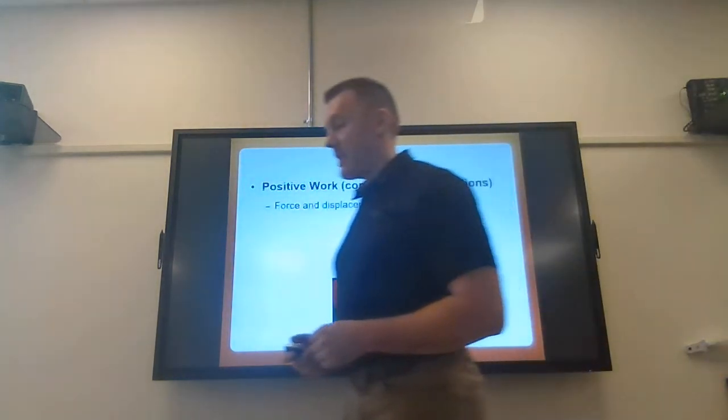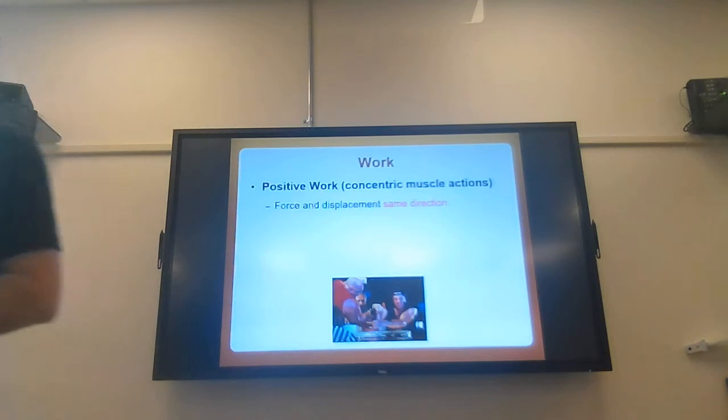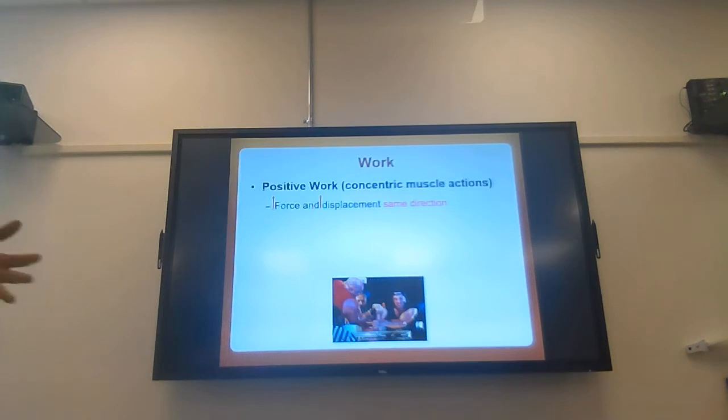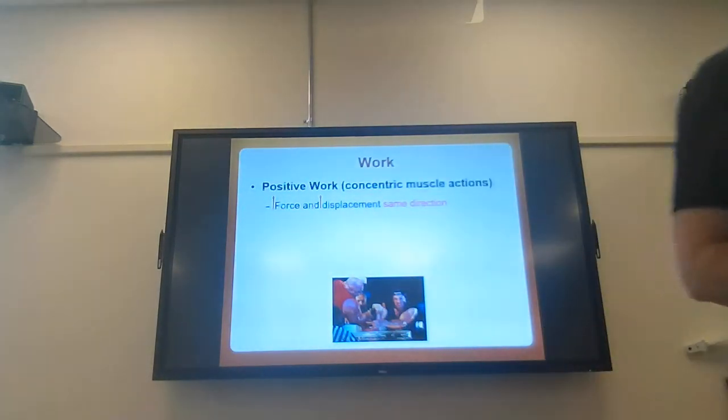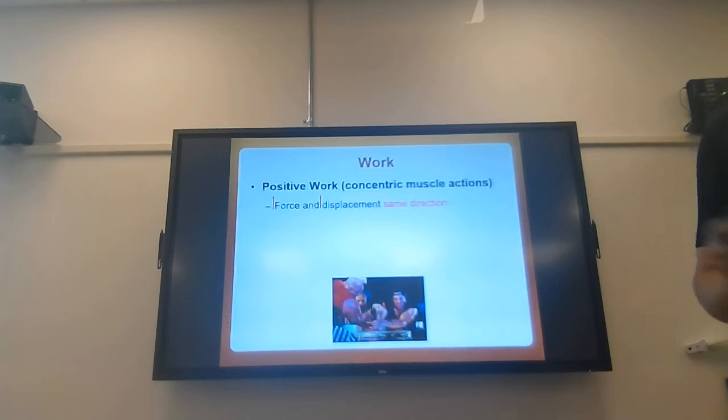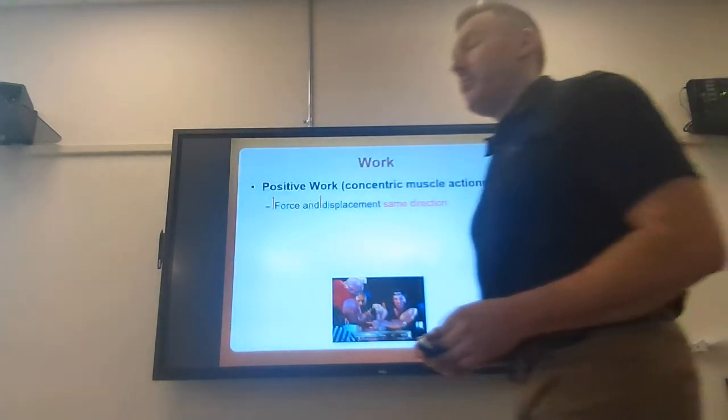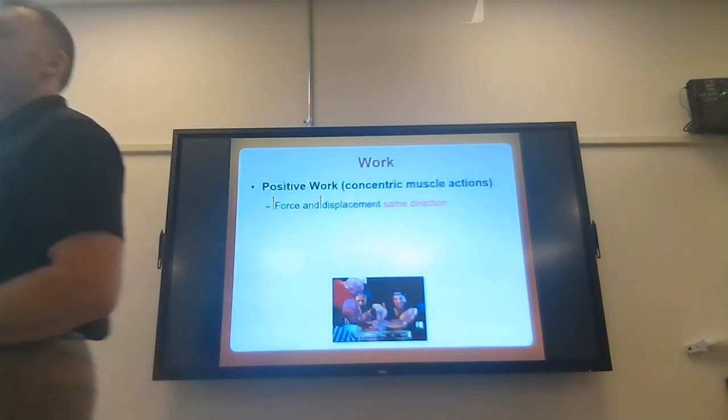Okay, work can be positive or negative. So positive work is equal to force times displacement, and force and displacement are acting in the same direction. So concentric muscle actions are a good way to think about positive work.